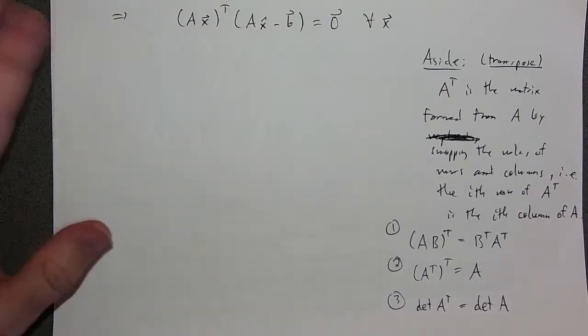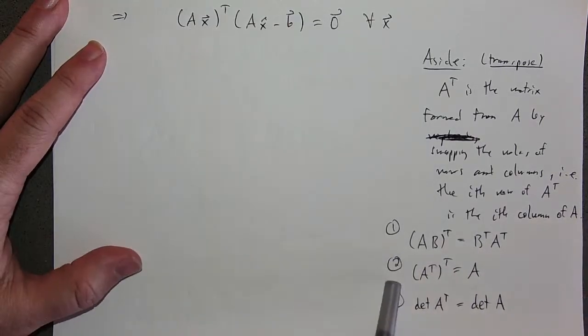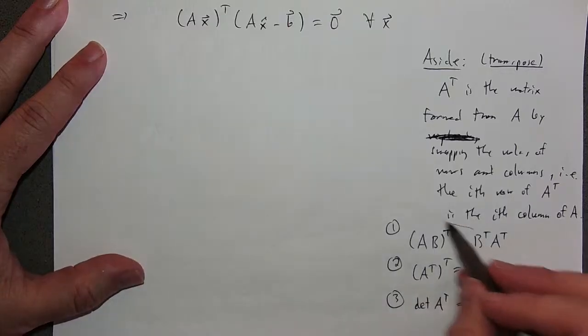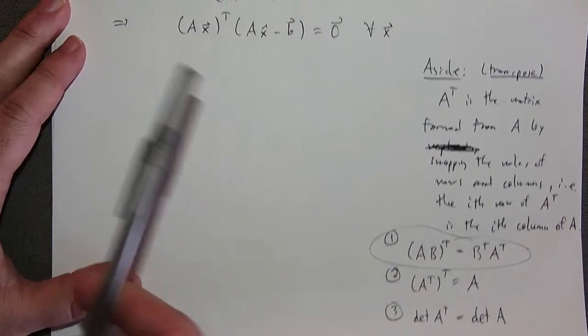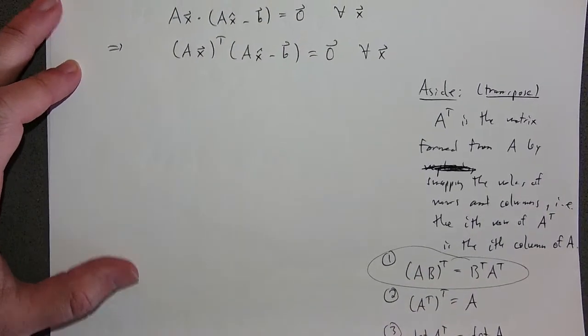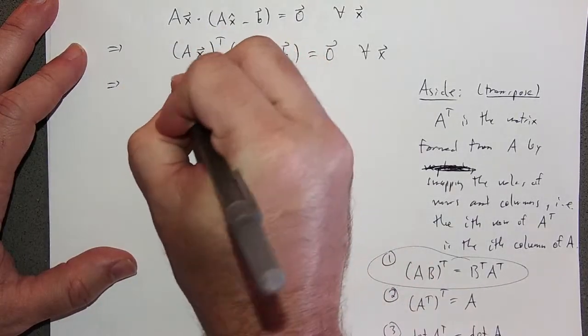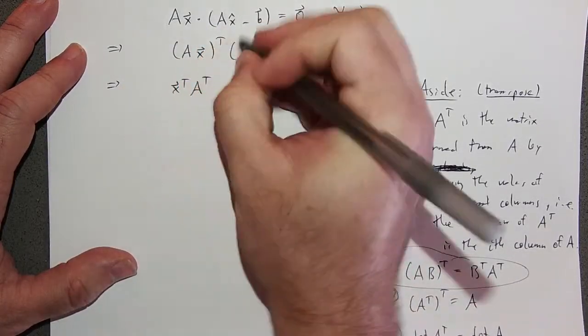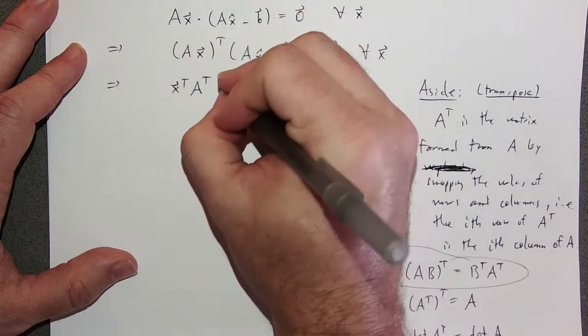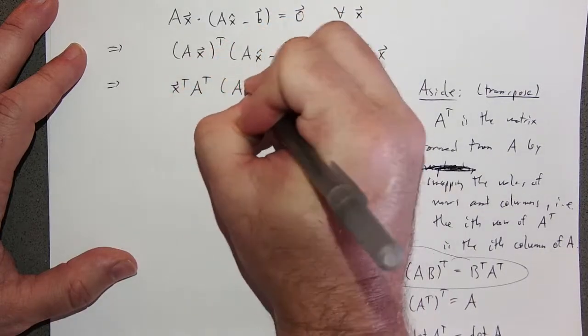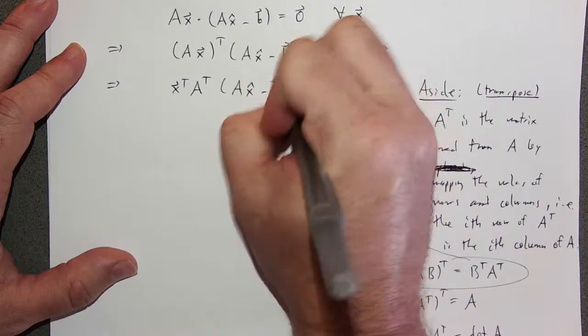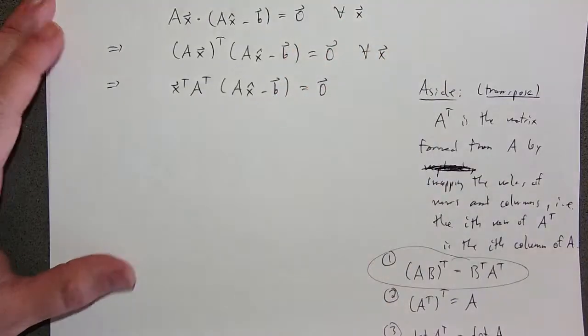So in particular, from the first fact, applying the transpose reverses the order of this product. So this is x transpose times A transpose times (Ax hat minus b) is equal to 0.